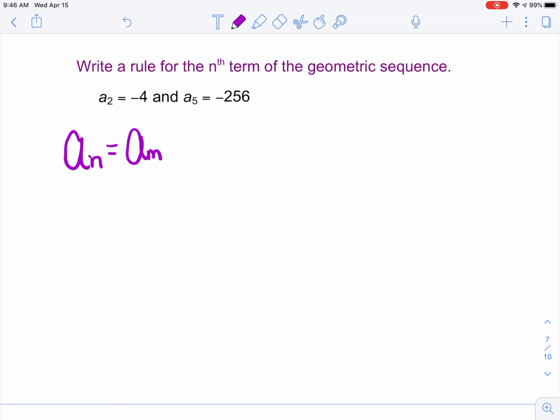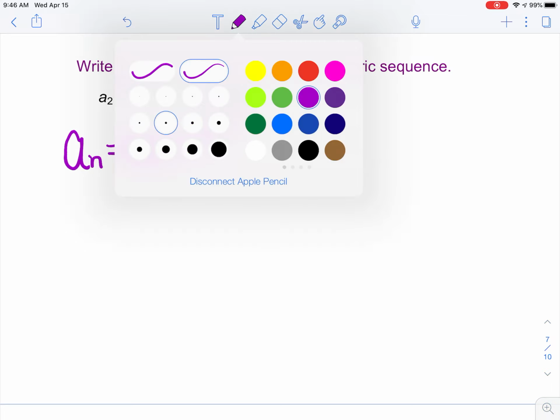A sub n equals a sub m times r to the n minus m. Okay, so this is if you're not given the ratio and you're not given the first term. So what we're going to do is make this the m and this the n values.